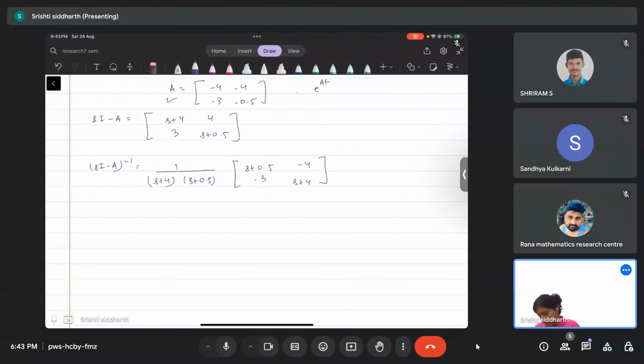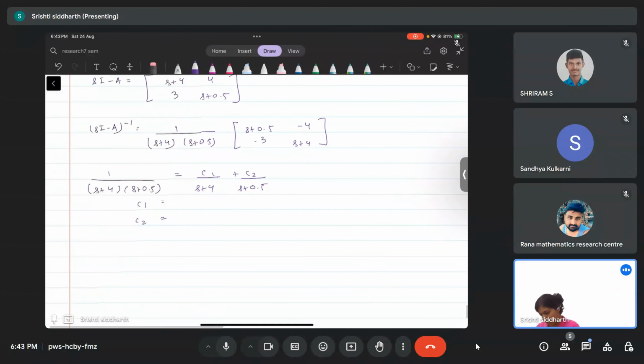Yeah. Okay, so we just have to compute what this is using partial fraction expansion. This is easy. So what are C1 and C2? Can you compute this quickly?